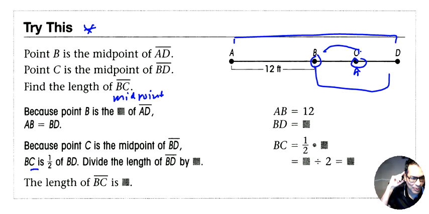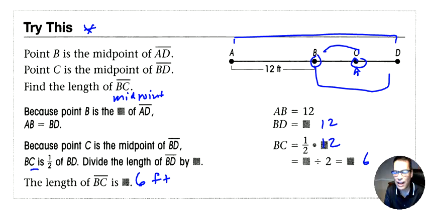So we just have to take half of the length of BD. We said AB is 12, which means that BD is 12. And then BC is 1/2 times 12. So we have 12 divided by 2 equals 6. So the length of BC is 6, and our unit of measure is feet.